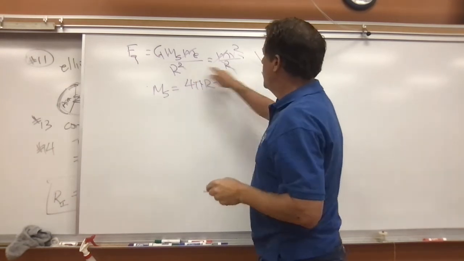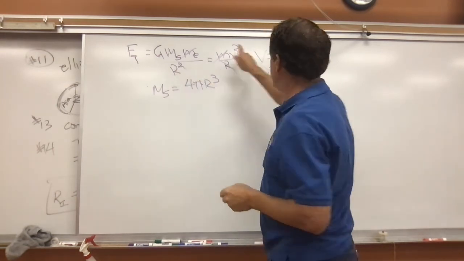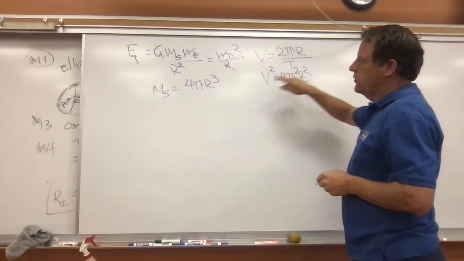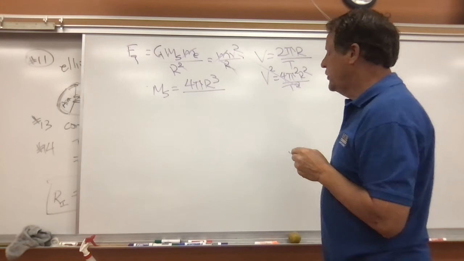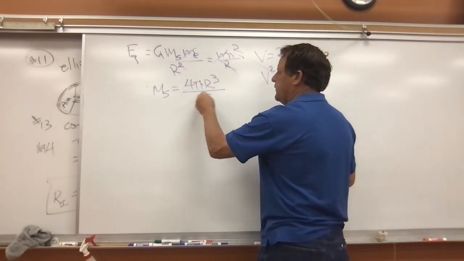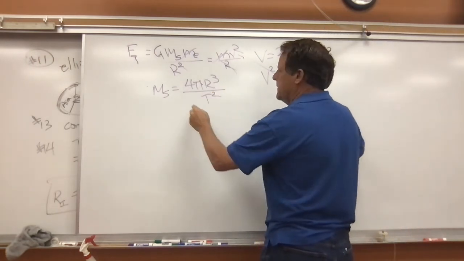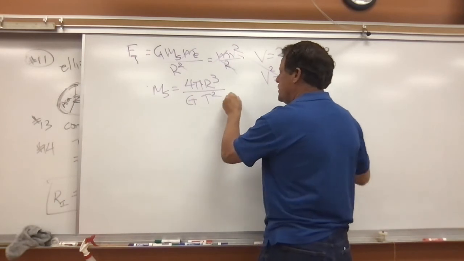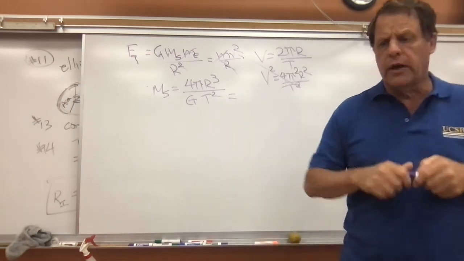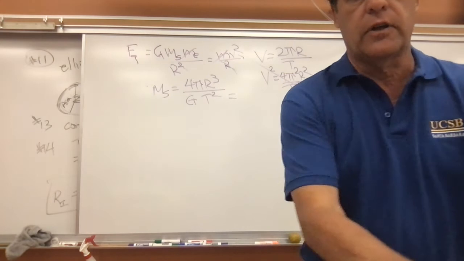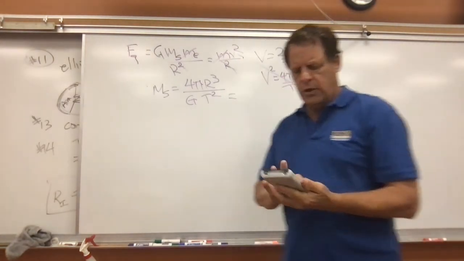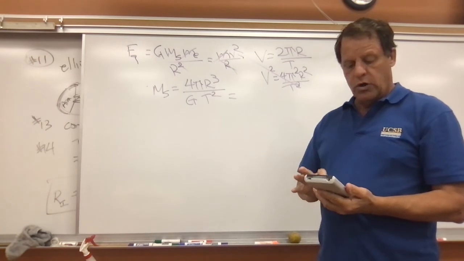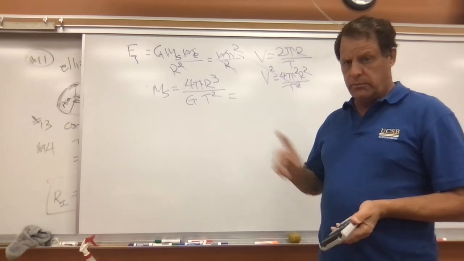Notice that one of these r's cancels out, but this r comes up here, which is a square, and becomes r cubed. We have T squared down here, and then we also have G. If I went too fast, you can look in the book, there's a nice example on how to do that, or go back and look at my first lecture on gravity.